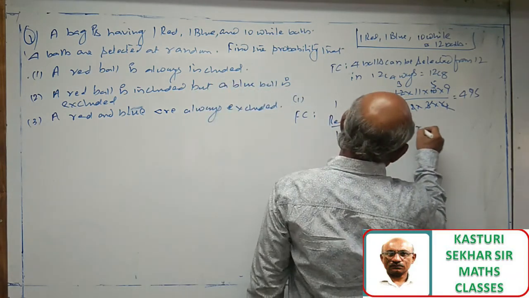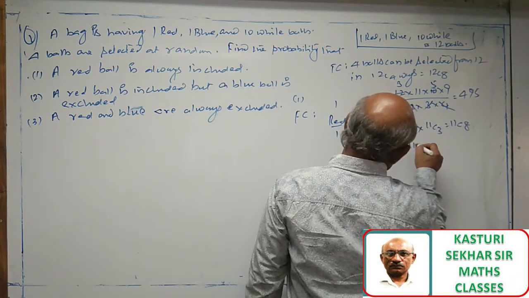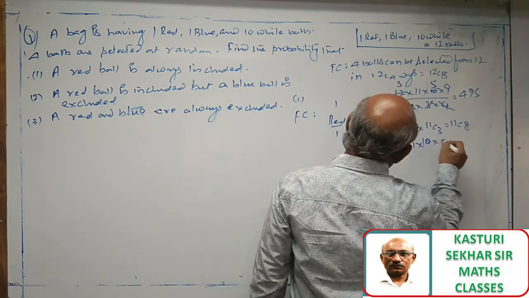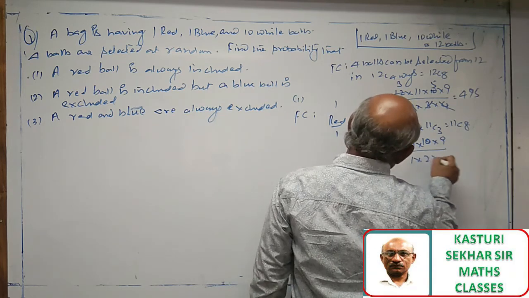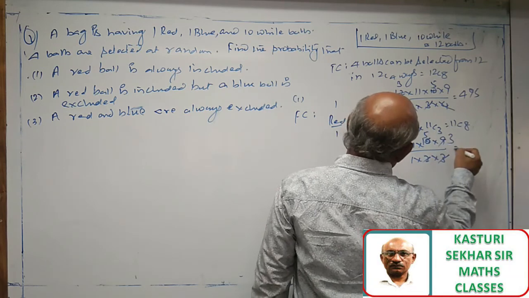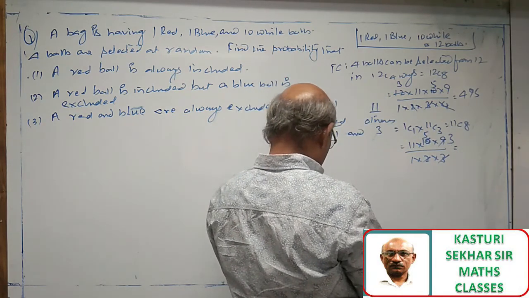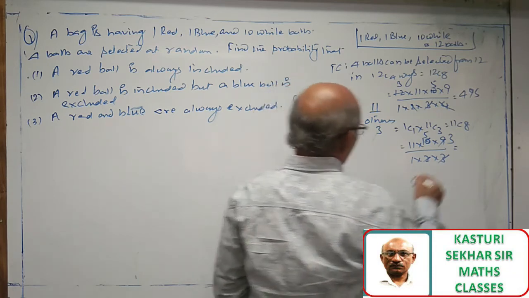So this is equal to 1C1 into 11C3, 11 into 10 into 9 by 1 into 2 into 3, 3 will go 3 times, 2 will go 5 times, 11 into 15, 165.